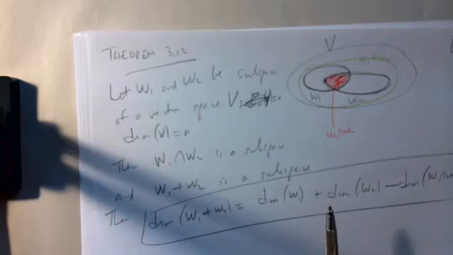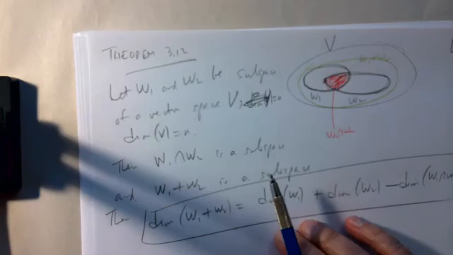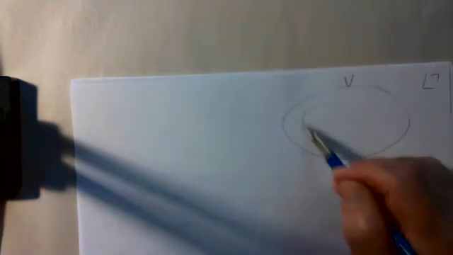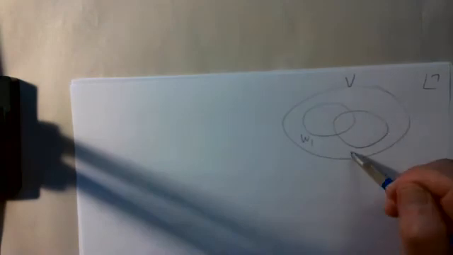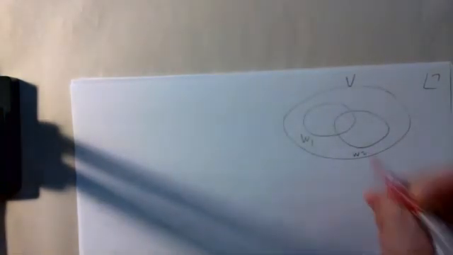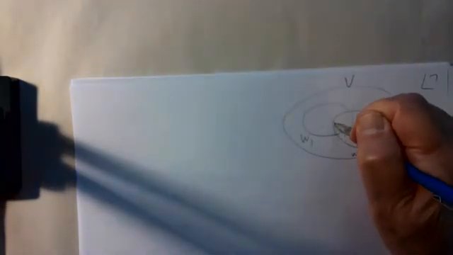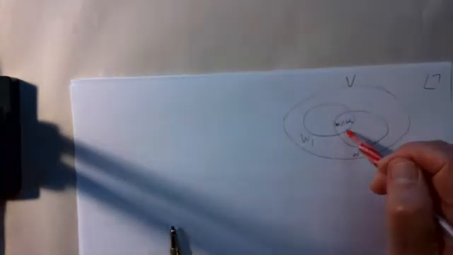First, I'll look at these two statements about subspaces. Let me just make sure we understand what the intersection and the sum mean. So again, here we have V. Here's the subspace W1. Here's the subspace W2. And this in here is W1 intersect W2.